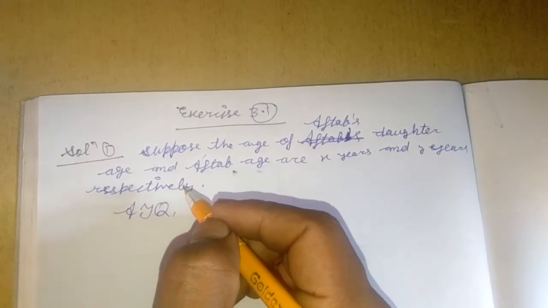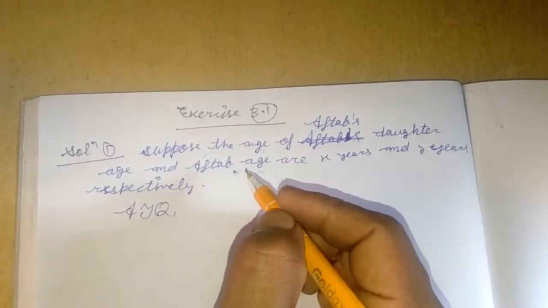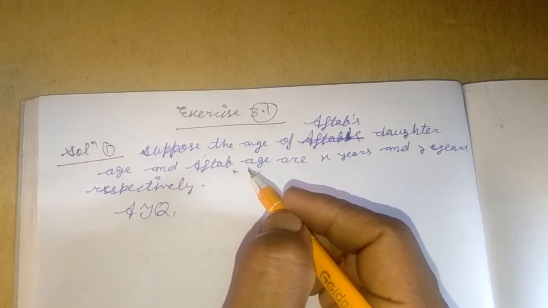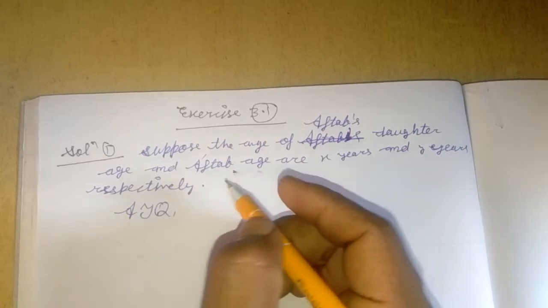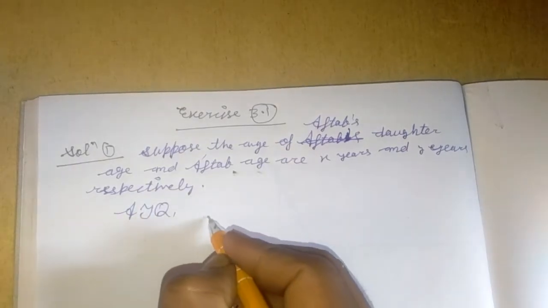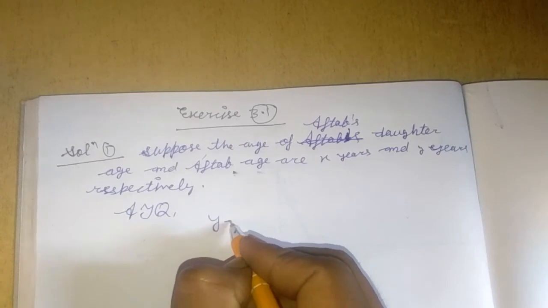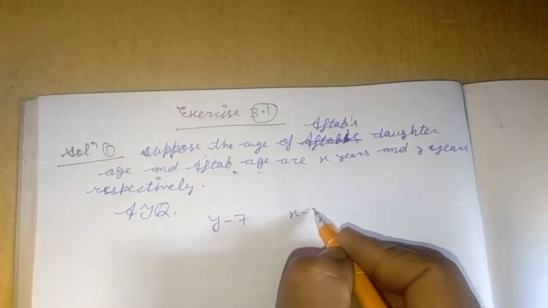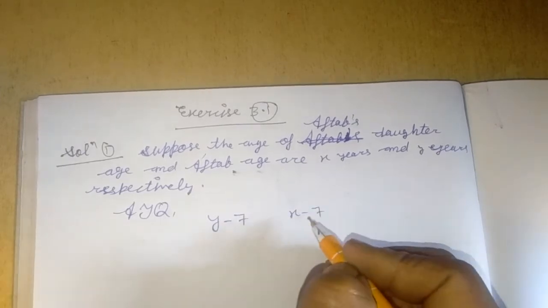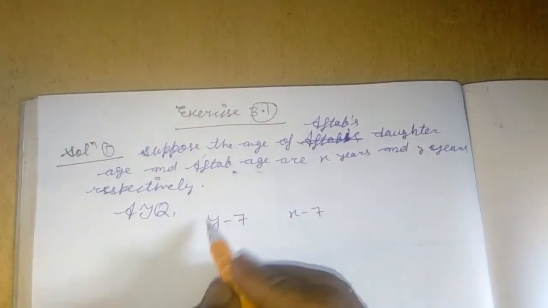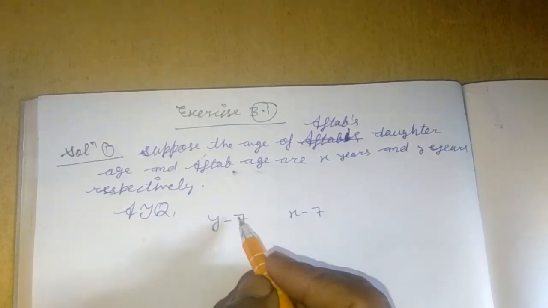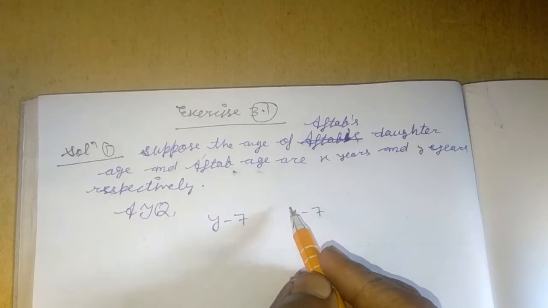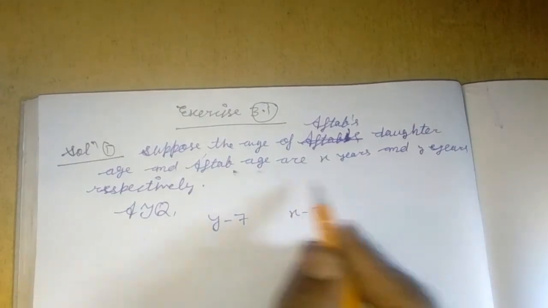the first condition is 7 years ago. Aftab says 7 years ago I was 7 times as old as you were then. So first we reduce 7 years from y and 7 years from x. This is the age of Aftab before 7 years, and this is the age of Aftab's daughter before 7 years.